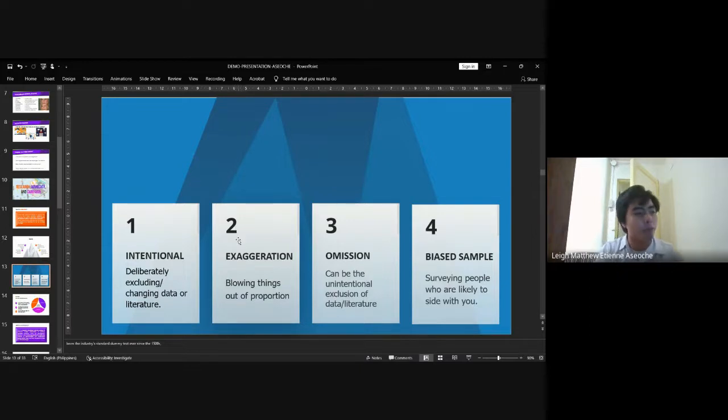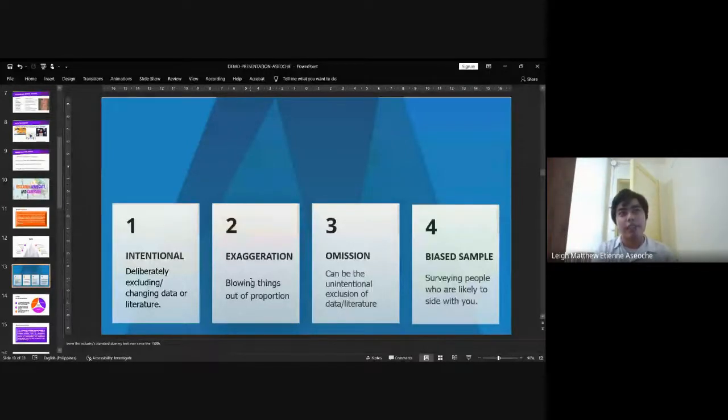The second form of bias is exaggeration. When you exaggerate things, you are blowing things out of proportion. How do you do that? Take for example, a study says only 50% of Filipinos are in favor of this issue. When you exaggerate, you say almost all Filipinos are in favor of this issue.